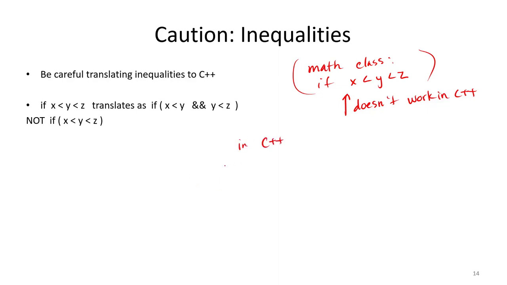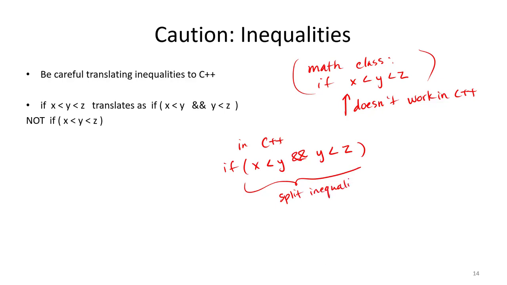We would need to equivalently write if x is less than y and y is less than z. So if you have an inequality with 3 or more items, you need to split inequalities so that we compare two values at a time.